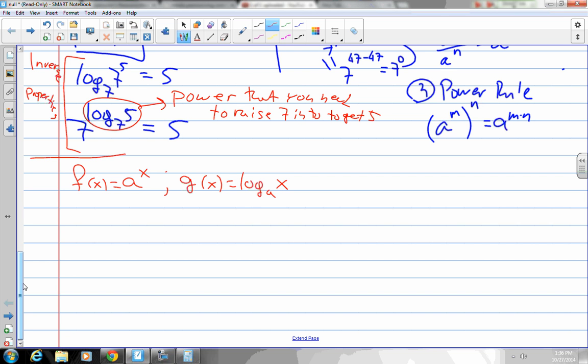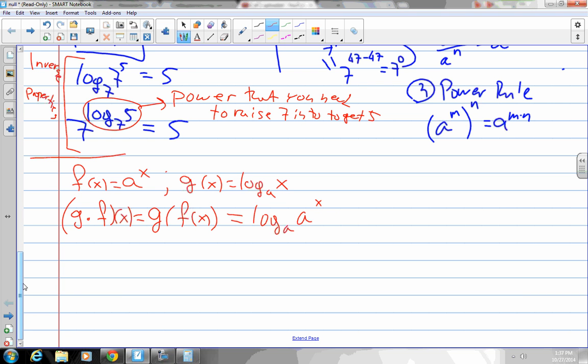Here are the two functions. Now, if I take the composition g of f of x, that means log is my outside function, a to the x is my inside function. So I'll end up with log base a of a to the power x. Right? That would be the composition.